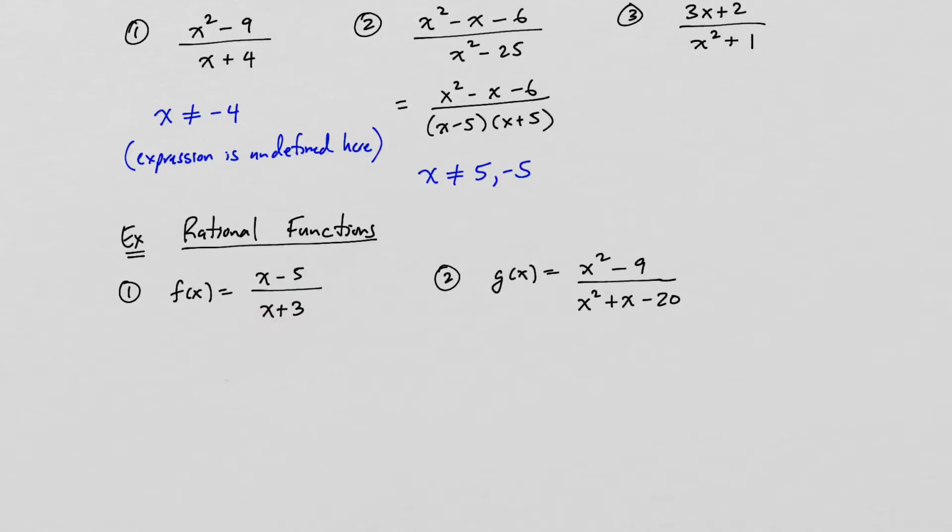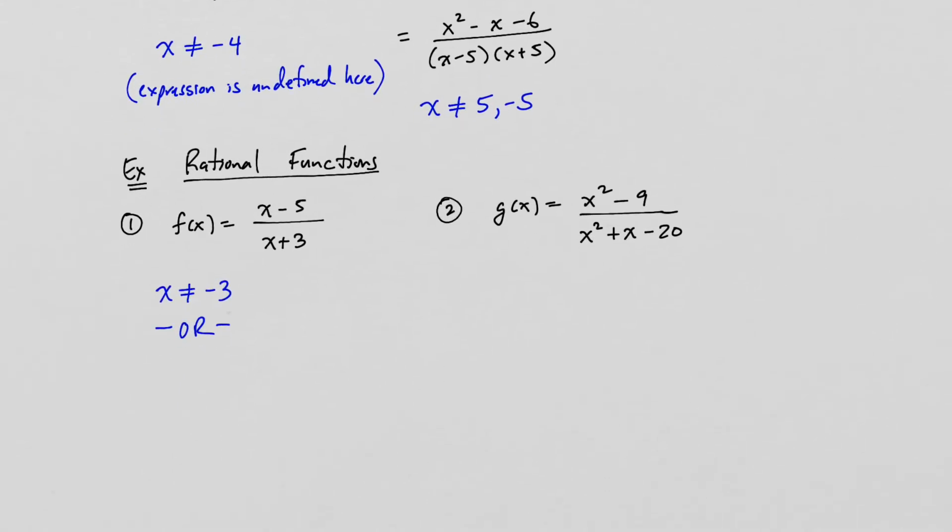So when you have a function, you can state that one of two ways. We can say explicitly x cannot be equal to negative 3, or we can also write that as a domain for the function. Now the domain is all of the values of x that you can plug in.